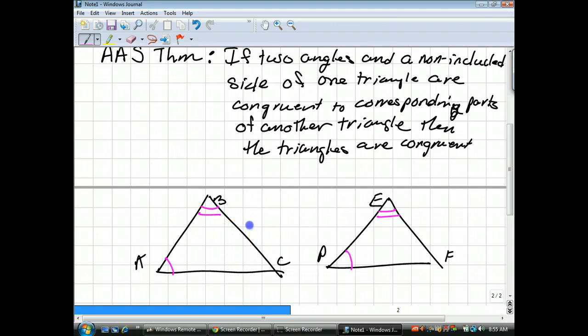So BC would be a non-included side, and EF would be the corresponding non-included side.